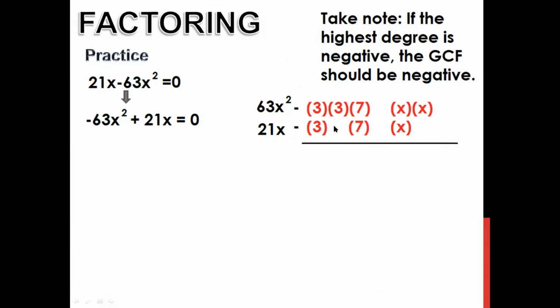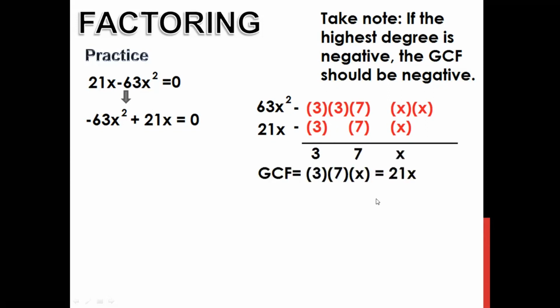So let's take the common: we have 3, we have 7, and we have x. So the GCF of 63x squared and 21x is 3 times 7 times x, which is 21x. Take note, the numeral of our highest degree, 63, is negative. So our GCF should be negative.